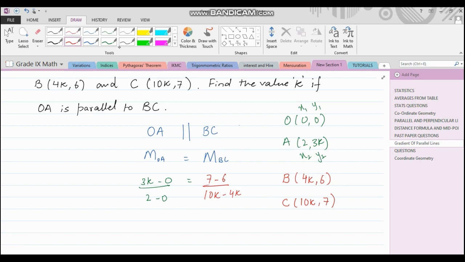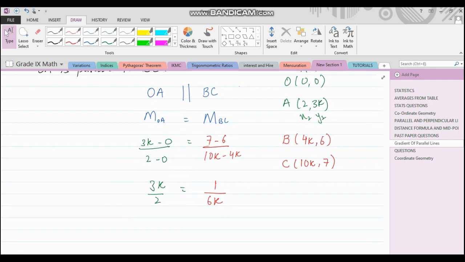So solving it, I get 3k over 2 over here, and 7 minus 6 is 1 upon 10k minus 4k, that is 6k.